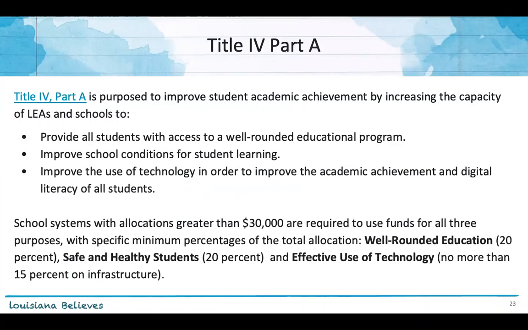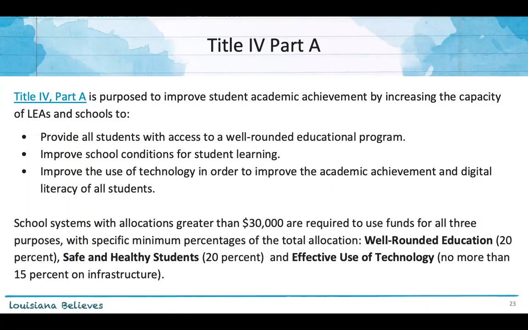Title IV, Part A is purposed to improve student academic achievement by providing all students with access to a well-rounded educational program, improve school conditions for student learning, and improve the use of technology. School systems with allocations greater than $30,000 are required to use funds for all three purposes.